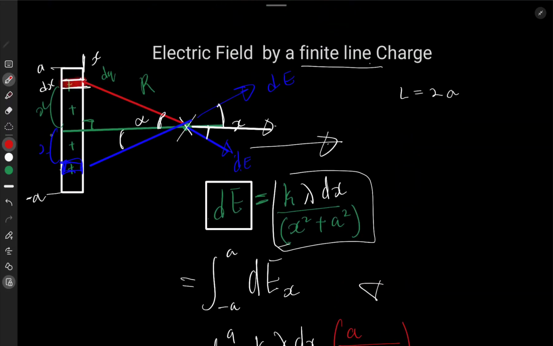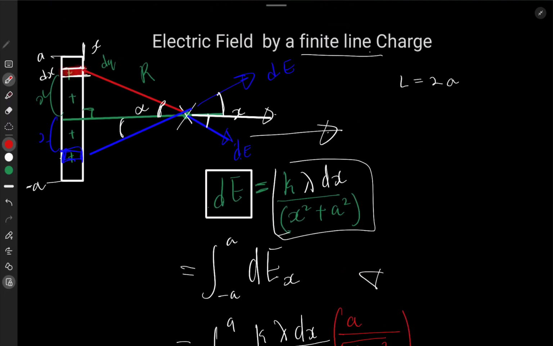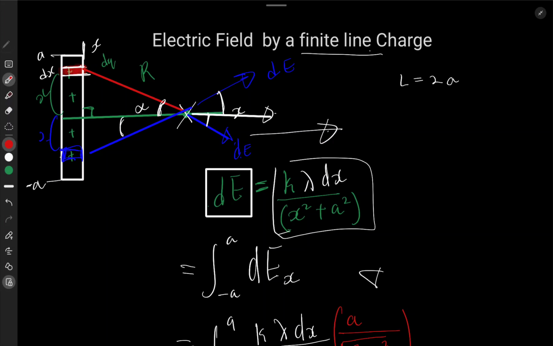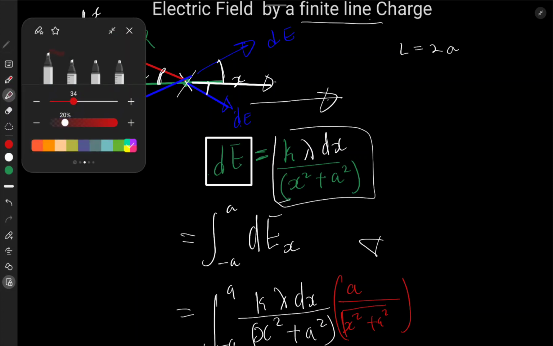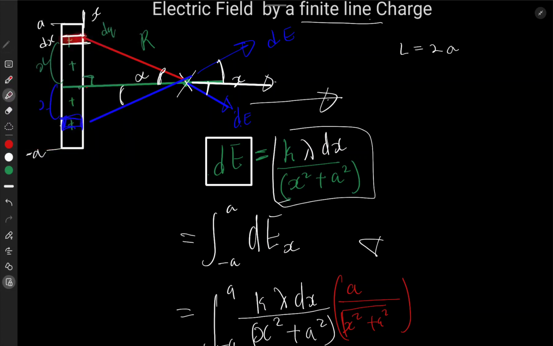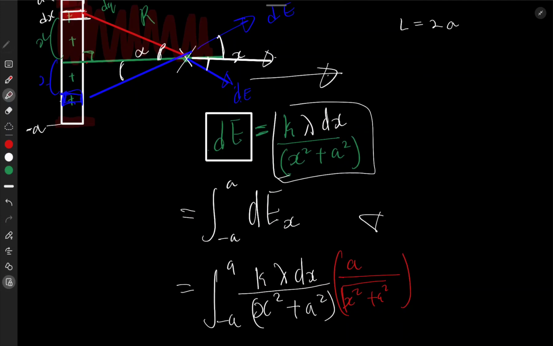Okay, now in this expression, because this thing is symmetrical, if it was a function, if we were talking about math, I would have said it's an even function. For an even function, integrating from here to here is the same as integrating only the upper part and then multiplying it by 2, because they are symmetrical, they are the same.